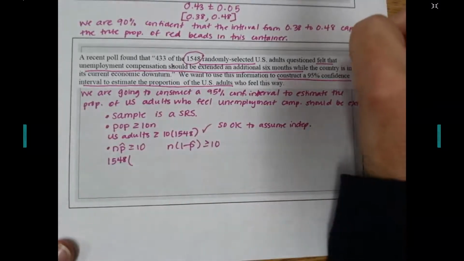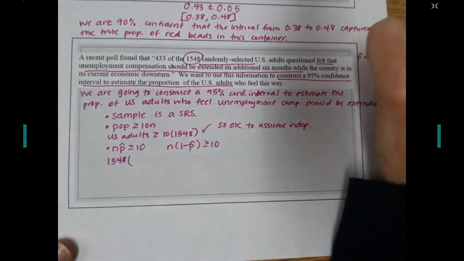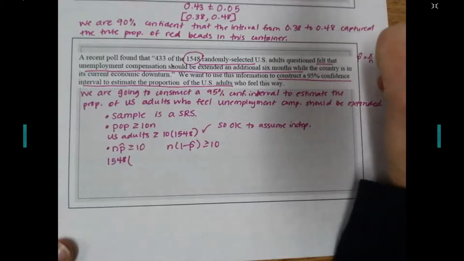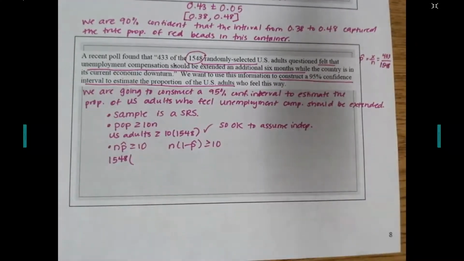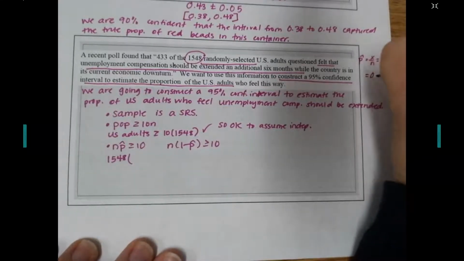So p hat, if I'm calculating p hat, remember that's x over n, right? So in this case, x is 433 out of the 1,548. So if we say 433 divided by 1,548, we get a p hat of 0.279, so we'll say 0.28.